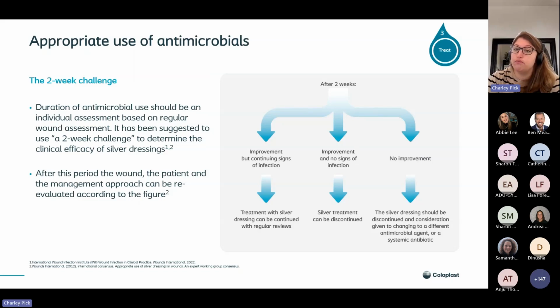If you've seen improvement and there's no longer any signs of infection, that silver treatment can be discontinued, and you would then use, so if you were using Biatain Silicone Ag, you would then just use your Biatain Silicone. And if you've seen no improvement at all, the silver dressing should be discontinued and consideration given to change into a different antimicrobial agent or systemic antibiotic if that infection hasn't got any better or has got worse.